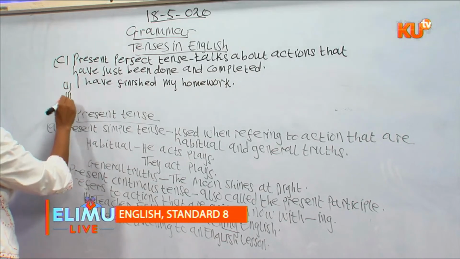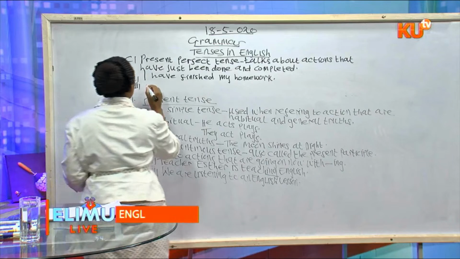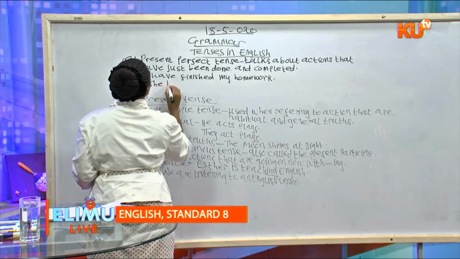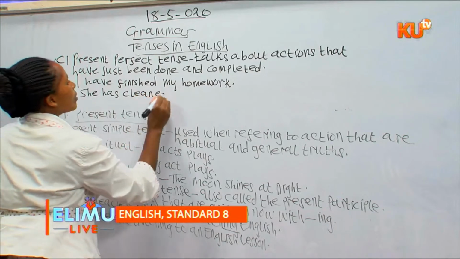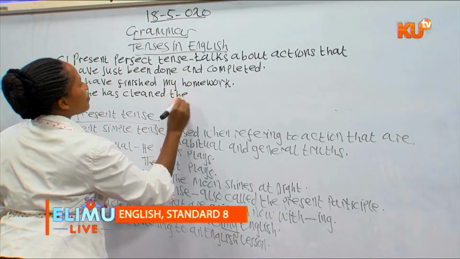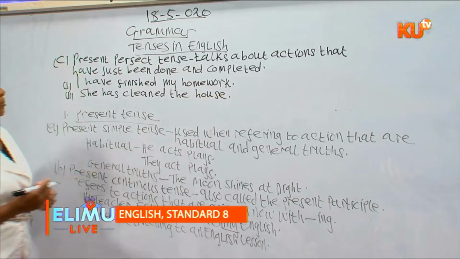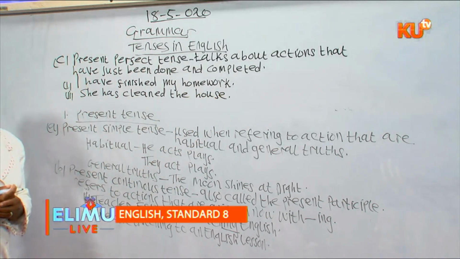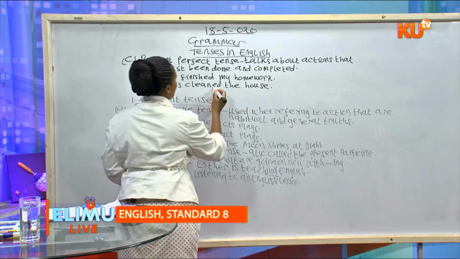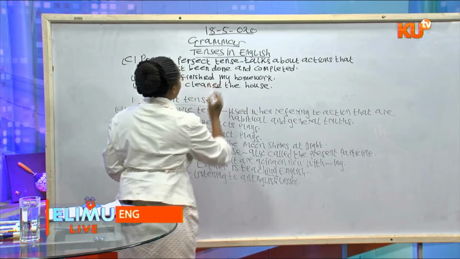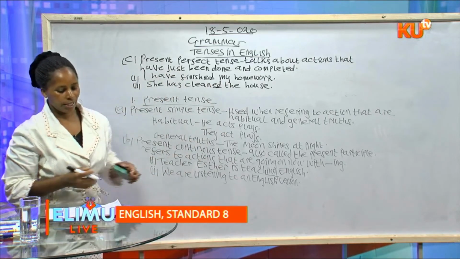We can have a second sentence as an example. And we say she has cleaned the house. So with the present perfect tense, the verbs used should end with ed. That is how that tense is.